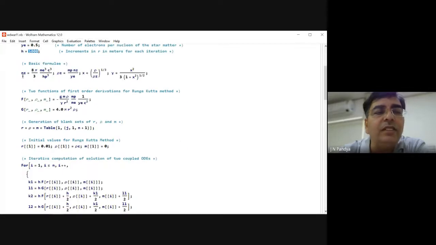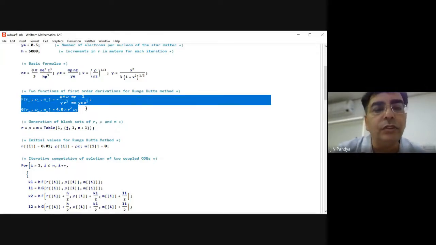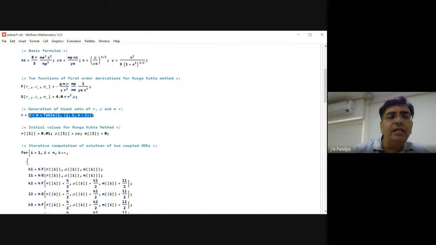Then these are your basic things that are required when you are writing this. Now, these were the two coupled differential equations that we had to solve. Again, the same thing. This is the same initialization. So what you are doing is you are writing R, rho, M. They are all going up to n+1 blank sets. Okay. Generation of blank set.